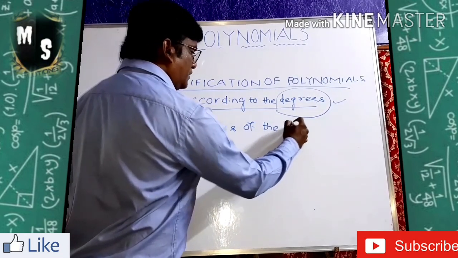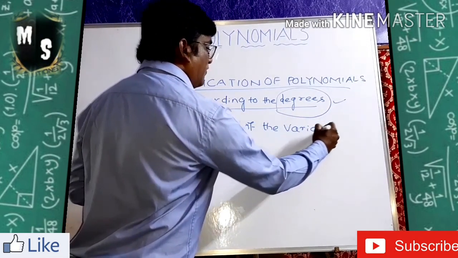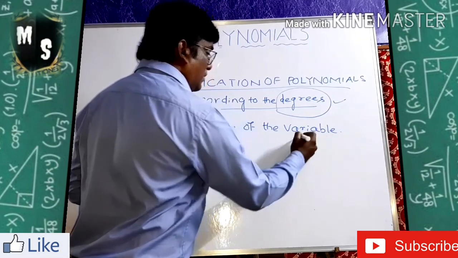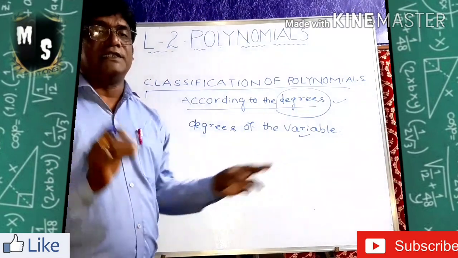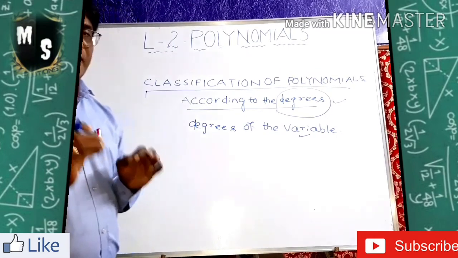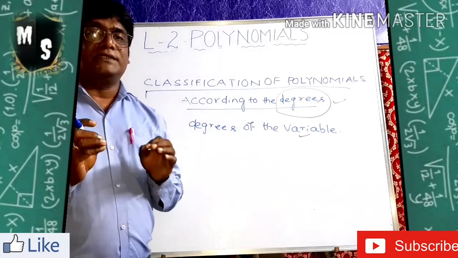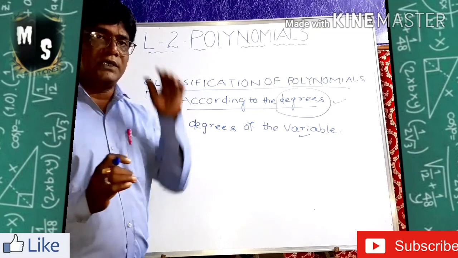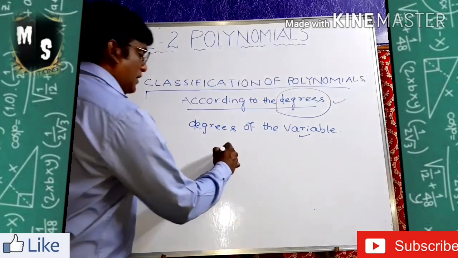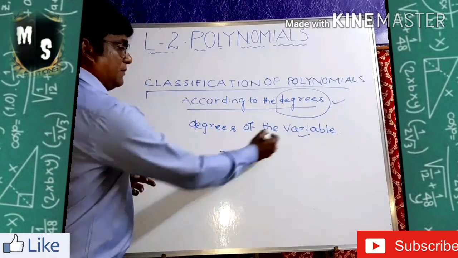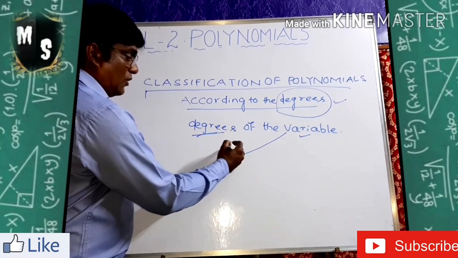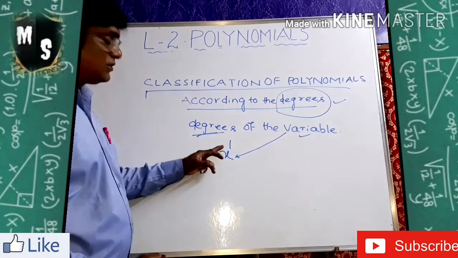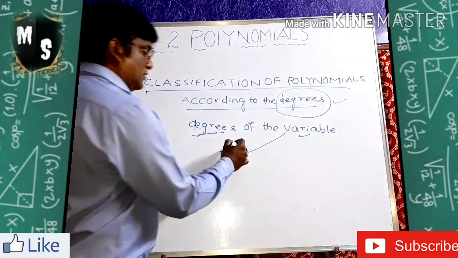Now what did I say about variables? Variables are the unknown quantities, unknown numbers, unknown things in the expression. They can be represented by the English alphabet, small letters a to z. Let's say I am taking a small letter like x. This is my variable. And what is my degree now? Degree is called the exponent. Nothing is written there, so it is 1 here. So what is the degree?